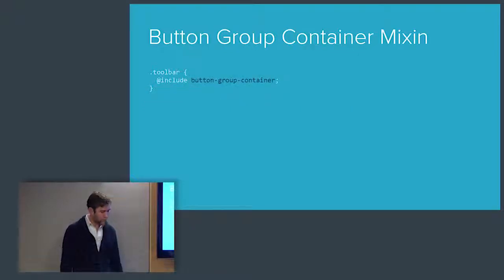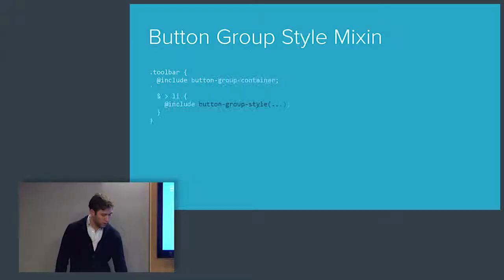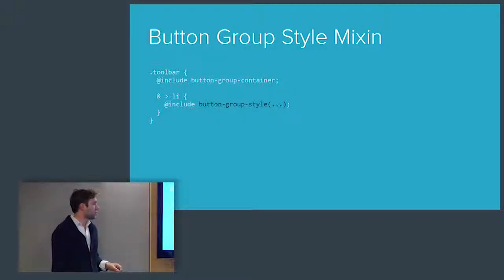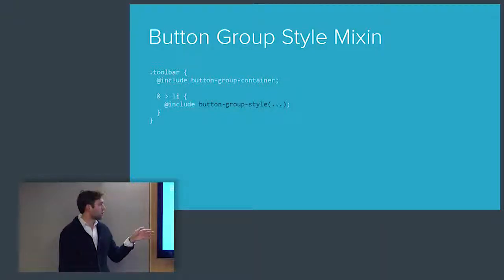So here's an example of the button group container mixin. This just defines a whole container as having a button group inside of it. Then to apply specific styles to the button group, we actually apply those to the list items and not the container itself. So we need to use the direct child selector of the list items and include the button group style mixin.